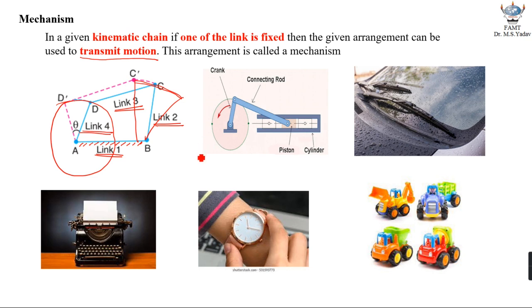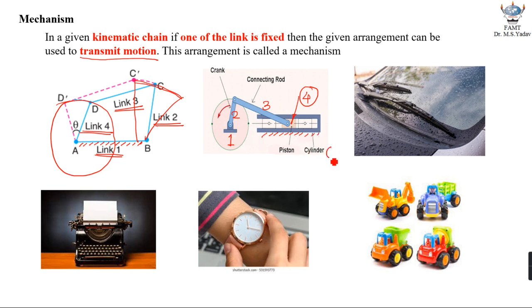In the second example, you will notice that this is link number 1, which is fixed. This is, let us say, link number 2, which is acting as a crank. This is link number 3, which is acting as a connecting rod, and the piston is acting as link number 4, while the cylinder is basically a fixed link in this configuration.